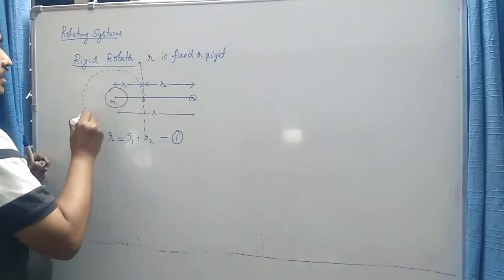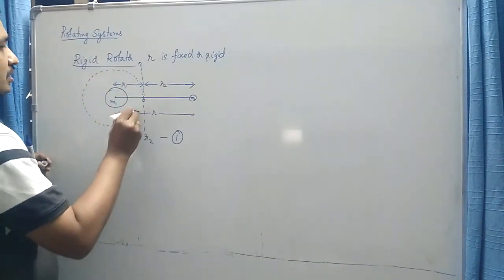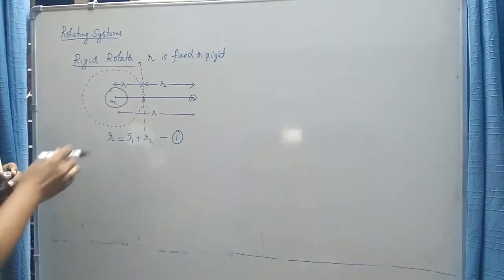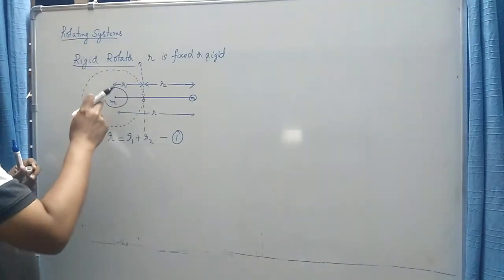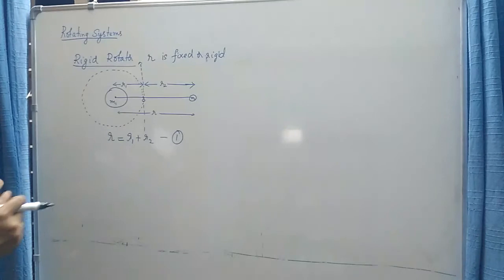So this is the rotation of the first particle about the center of mass.